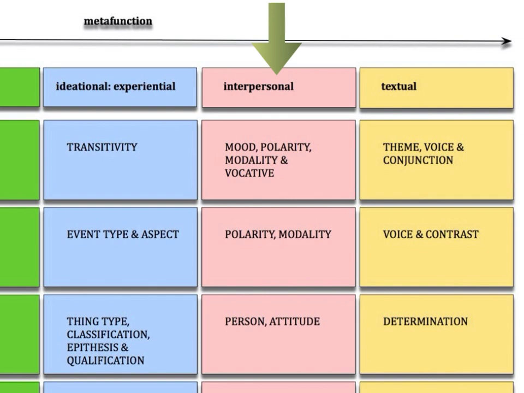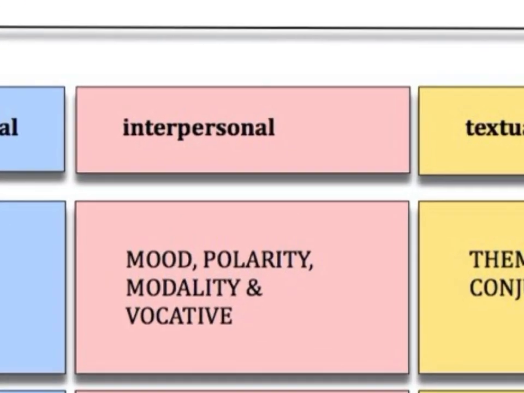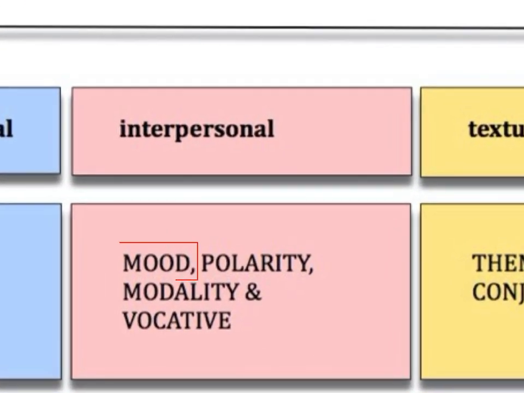The transition was this observation that I made earlier, that the interpersonal key signature is revealed through the choice of unmarked theme in English. So we'll be looking at this, and the most nuclear or central system is the system of mood, but there will be other systems that relate to this, like polarity, modality, vocative, and so on. But we'll start with the system of mood.